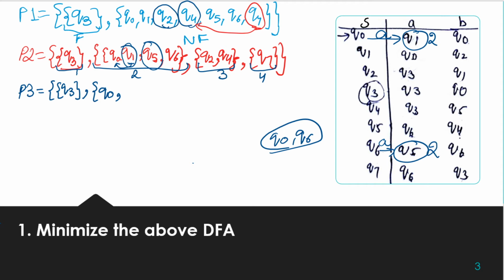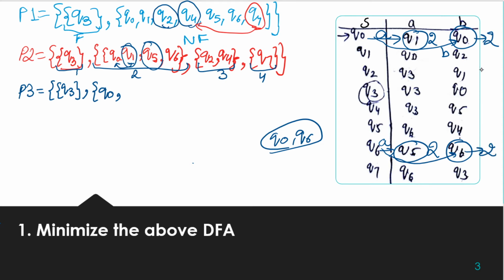So Q0 and Q6 are compatible for input symbol A. Now let's check for input symbol B. From Q0 we are moving to Q0, and from Q6 we are moving to Q6. Q0 belongs to group 2 in the previous partition, and Q6 also belongs to group 2.